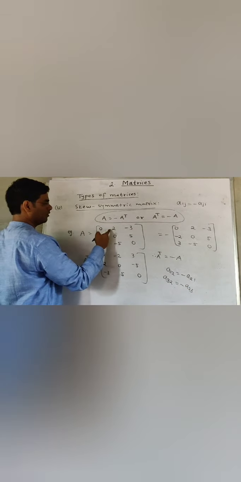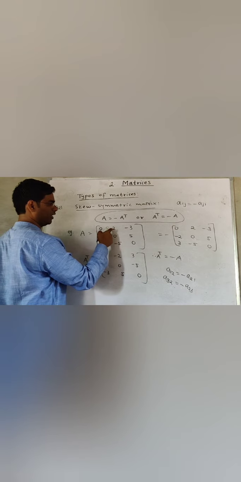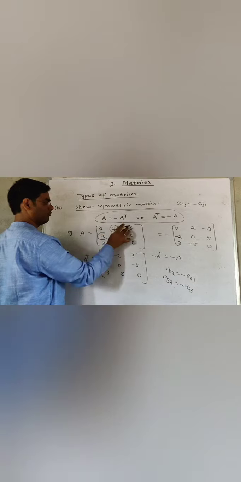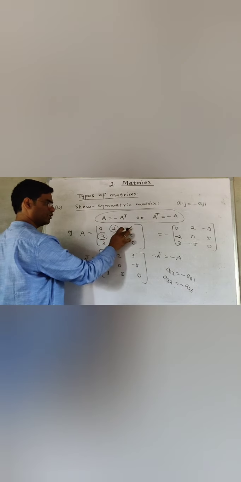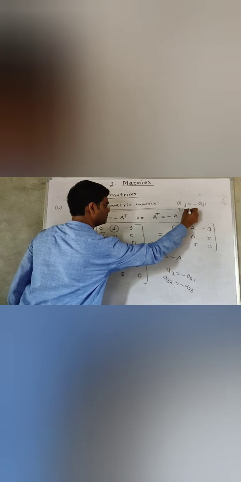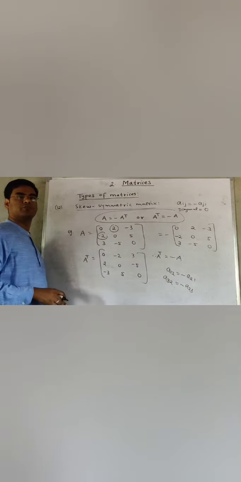This is the element a12, first row and second column: 2 and minus 2. If it is minus, then it is plus; if it is plus, then it is minus. And diagonal elements are always 0 in the case of a skew symmetric matrix.